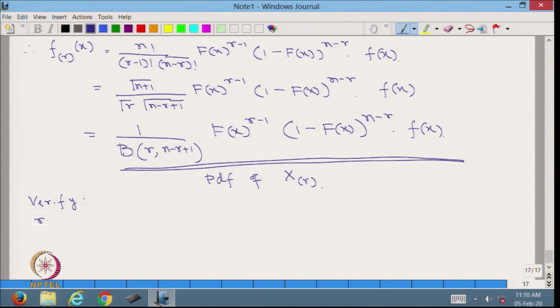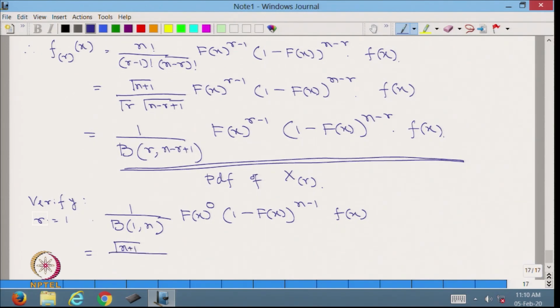Verify: r is equal to 1. Therefore, we are getting 1 upon beta of 1 comma n, F(x) to the power 0, 1 minus F(x) whole to the power n minus 1, f(x), is equal to gamma n plus 1 upon gamma n gamma 1, 1 minus F(x) to the power n minus 1 into f(x).